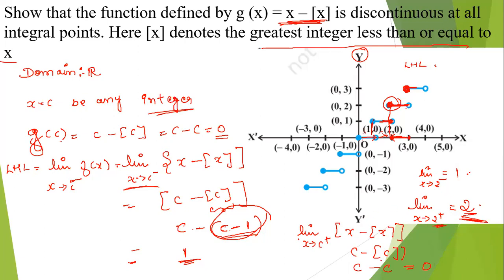In general, C minus C is 0. So our right hand limit and left hand limit are not equal. Therefore we say this function is not continuous at integer values, at integral values.